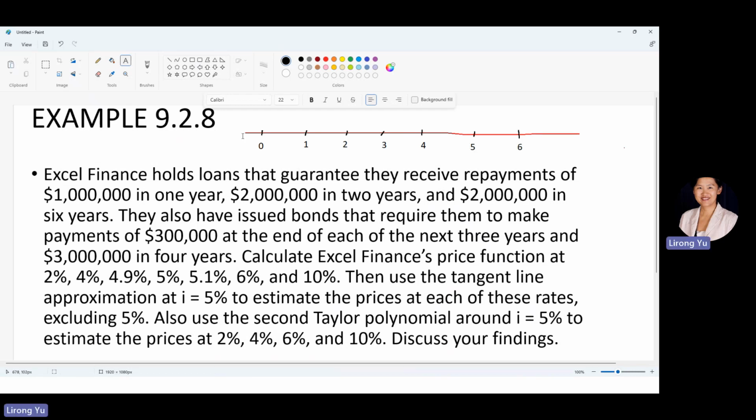According to the problem, at time 1 we need to receive payment, so this is positive cash flow. Time 2, 2 million, and time 6. We also issued, not require them to make payment of 300,000 at the end of each of the next 3 years.